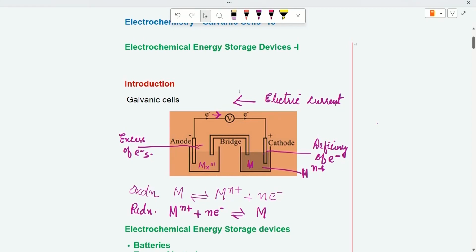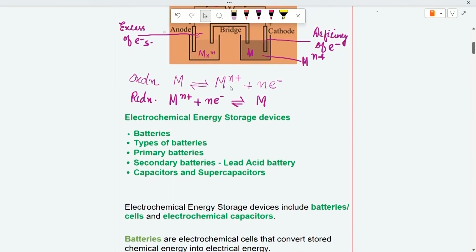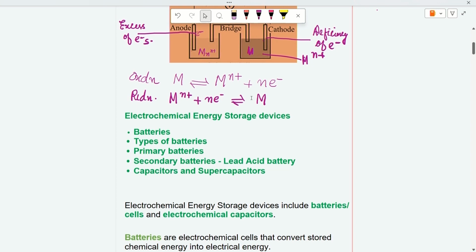Now, we are going to consider galvanic cells alone in this session, how electrical energy can be derived in galvanic cells, and the storage devices in which we can store this chemical energy and, whenever required, tap that electrical energy. So, let us see the electrochemical energy storage devices we will be seeing in this session.